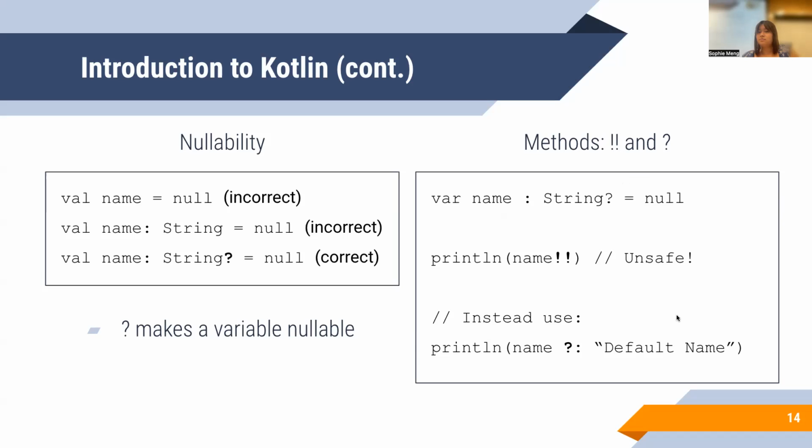And to add a little bit on to the practicality of nullability, you might be wondering, why do we care if variables are null? What does this have to do with Android? Say something like Instagram, when you get an image on your phone, you send a network request. And it's possible maybe you don't have Wi-Fi, maybe packets are dropped and something fails. In that case, what would that image be?